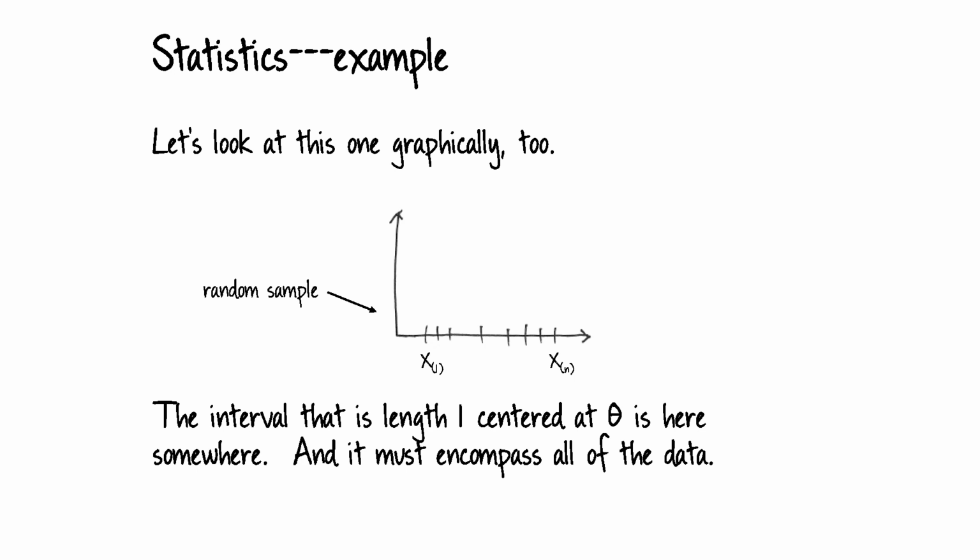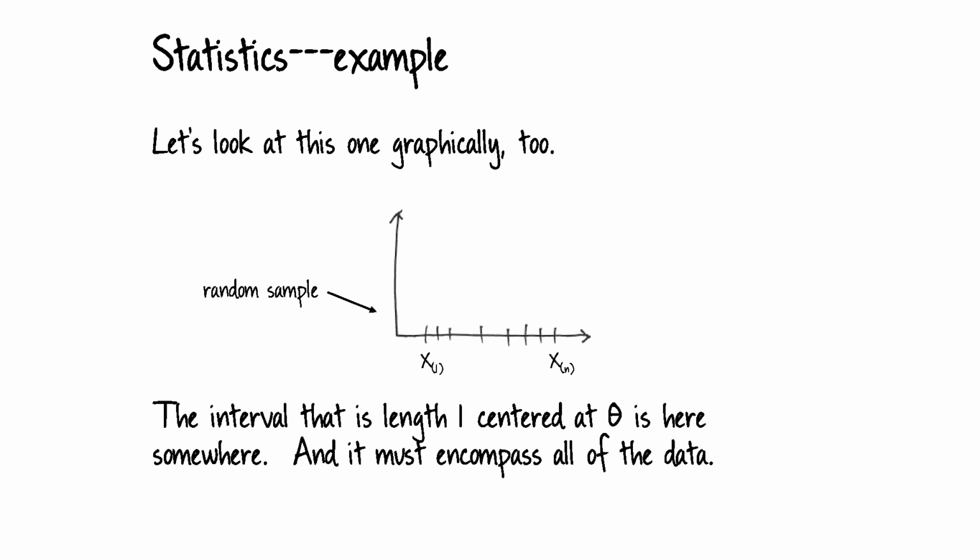Okay, so let's look at this one graphically. Let's suppose we've got a random sample. The underlying distribution is uniform, where the interval is length 1 and it's centered at theta. And it's got to be here somewhere. This is our random sample, so all of these observations have to live in that interval.